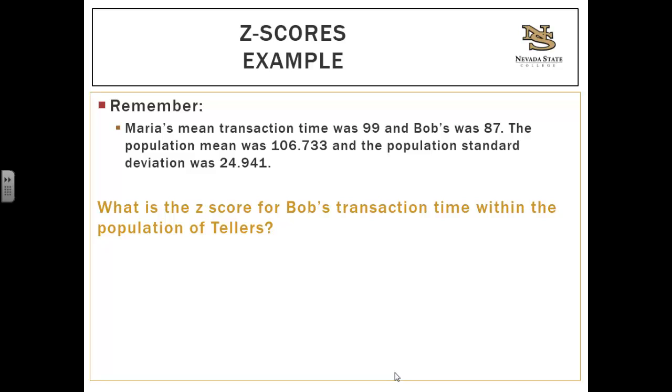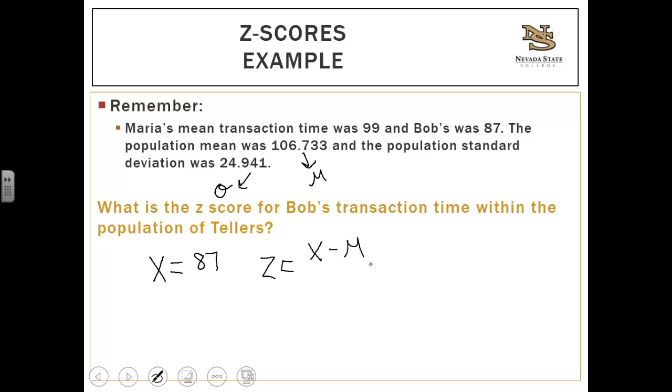Now let's look at Bob. So Bob's score was 87. And the population mean, our mu, is 106.733. Our standard deviation is still 24.941. So z is equal to x minus the mean divided by the standard deviation.